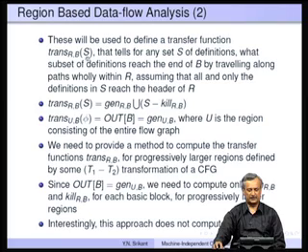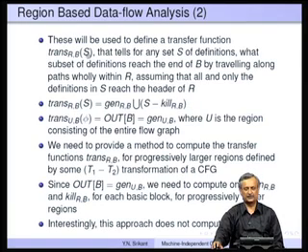For any set s which is sent as a parameter, that is a set of definitions, what subset of definitions reach the end of the basic block B by travelling along paths wholly within R. So, this is important, we are not looking at edges which are not in the region, assuming that all and only definitions in S reach the header of R. So, there is no other way of reaching the header of R. Only the definitions in S will reach the header of R, and then how they travel inside the region R is what is captured by this trans function.